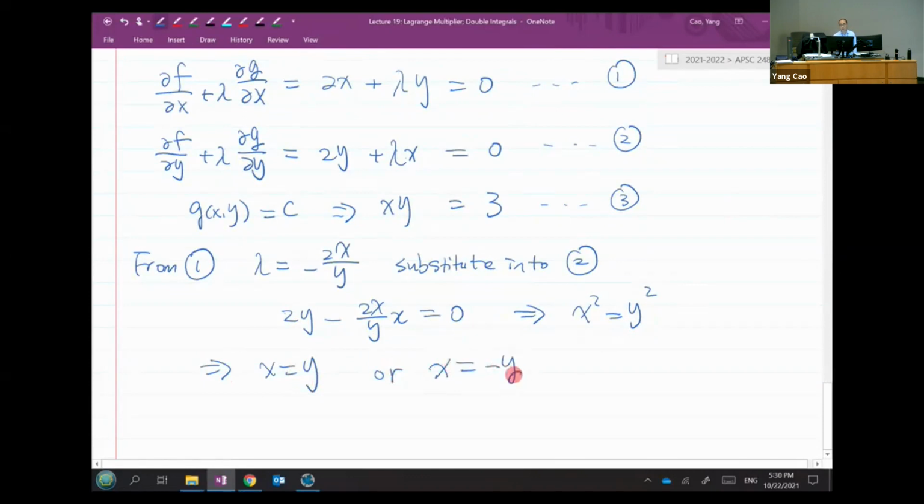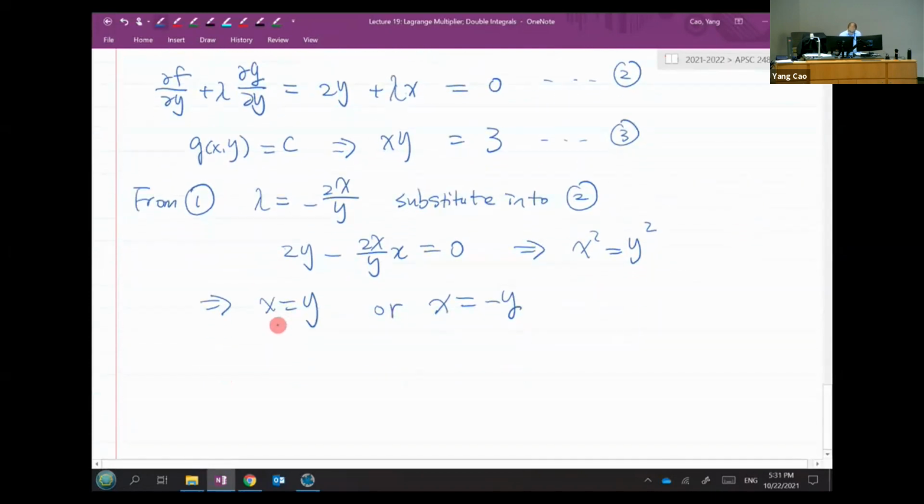Both of these conditions will satisfy x squared equal to y squared. So now I'm going to have to look at them separately. Let's look at the condition x equal to y. If x equal to y, I'm going to substitute into equation 3, that constraint over there.